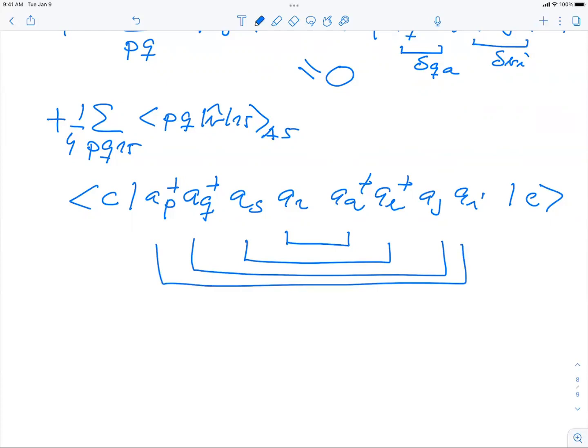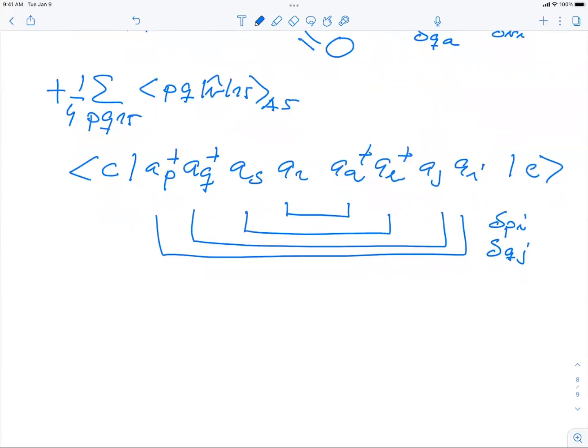So if I collect terms from this one, I'm going to get a delta P of I, and a delta Q of J. So I and J are hole states, or states below the Fermi level. And then I get a delta R of A, and a delta S of B.